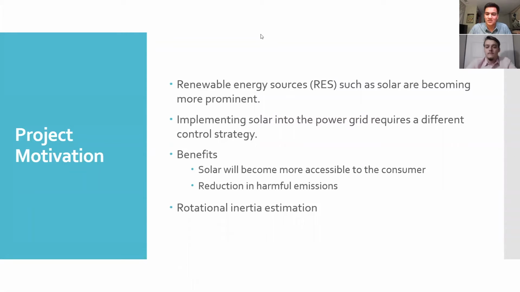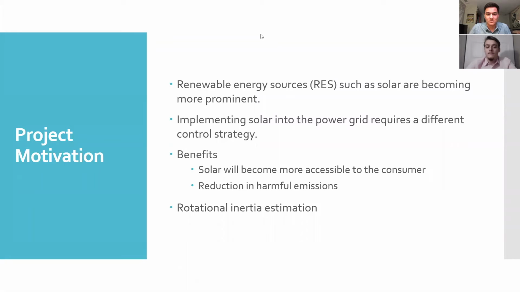Why does this require a different control strategy? Because solar is definitely safer for the environment compared to traditional non-renewable energy sources, which are harmful for the environment.